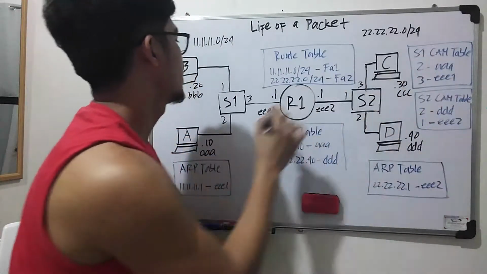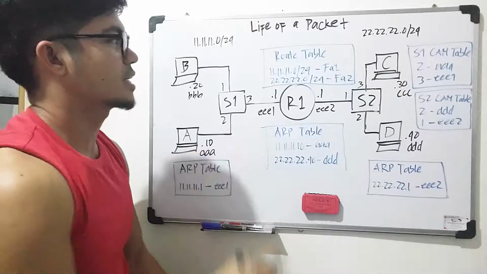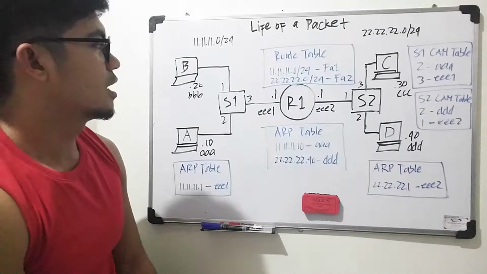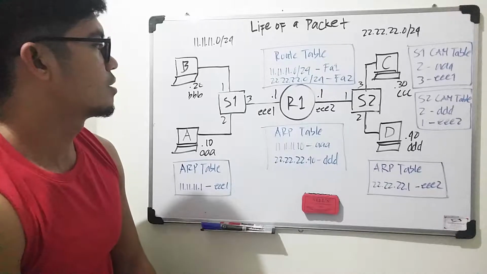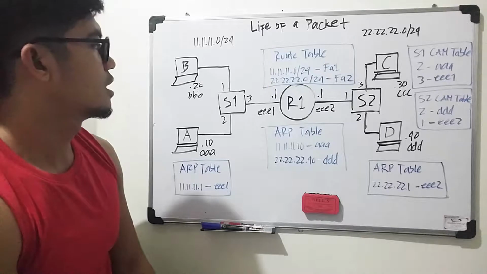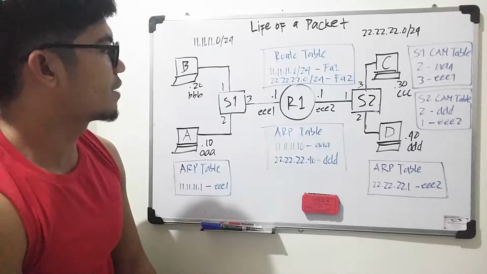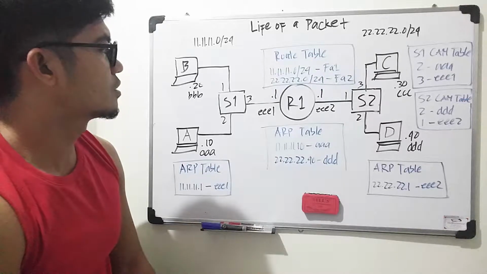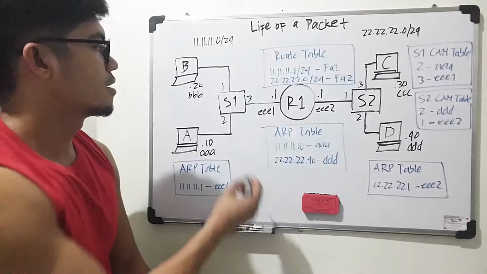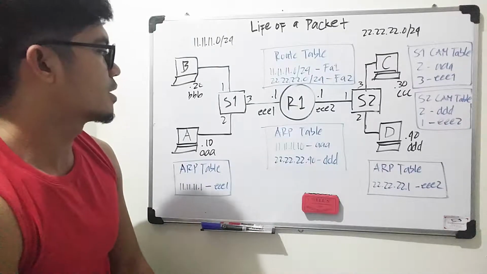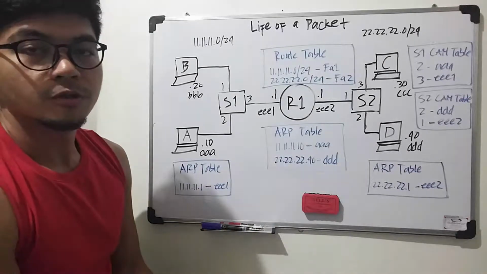And since the ARP request is a broadcast frame, switch 1 is going to flood that frame to all its ports except the port where that frame came in.